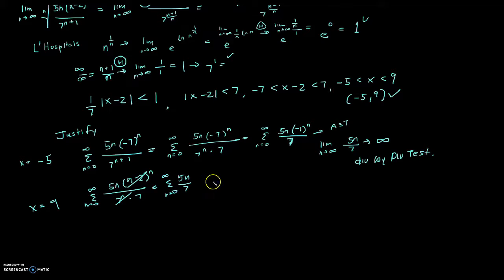And again, you can use the divergence test to prove that this won't be convergent, because when you plug in infinity, this will just turn into infinity. You wouldn't include x equals 9 in your interval of convergence either. So your interval of convergence would be -5 to 9, and then you're finally done.